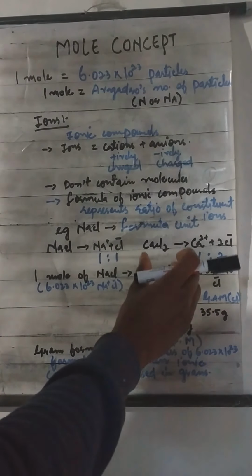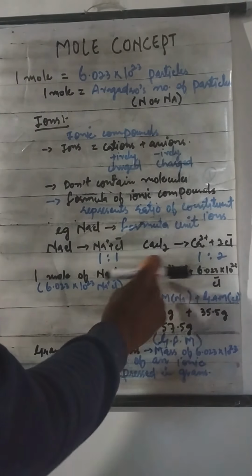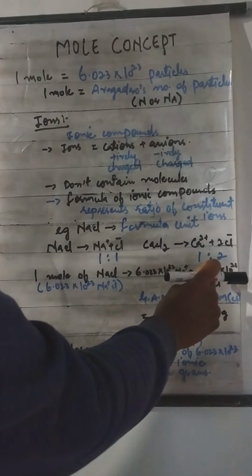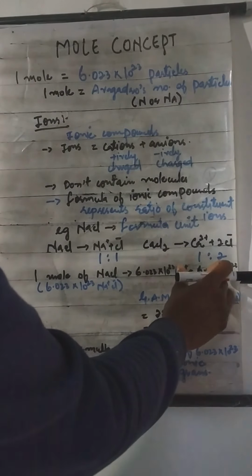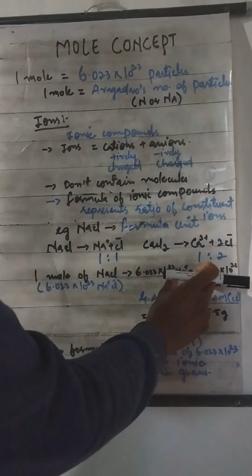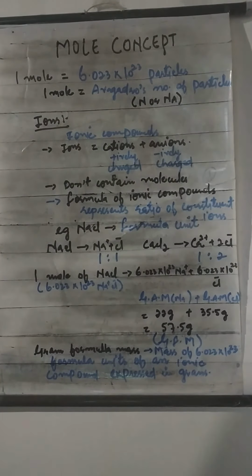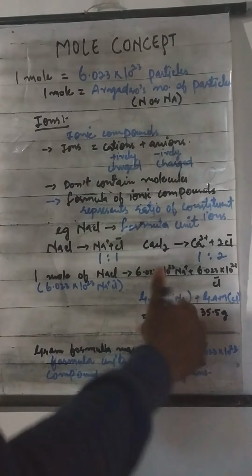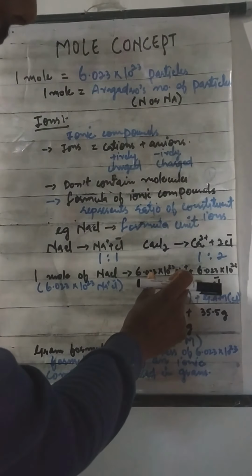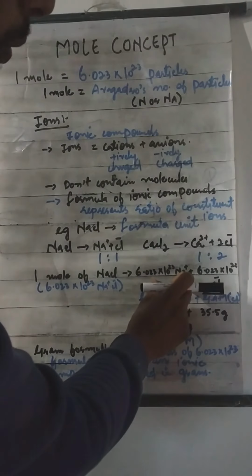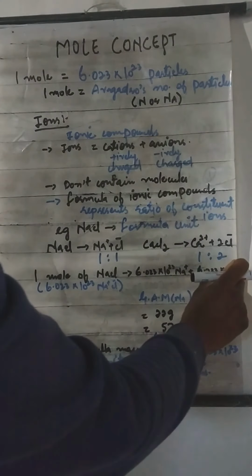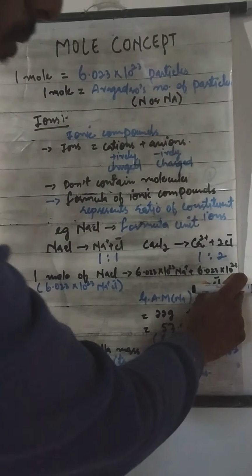If we somehow determine the mass of 1 mole of Na+ ions and the mass of 1 mole of Cl- ions, their sum will be equal to the mass of 1 mole of NaCl. To calculate this, we first should know the mass of 1 mole of Na+ and the mass of 1 mole of Cl-.